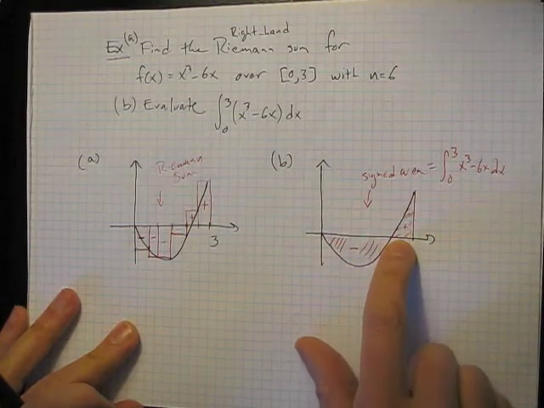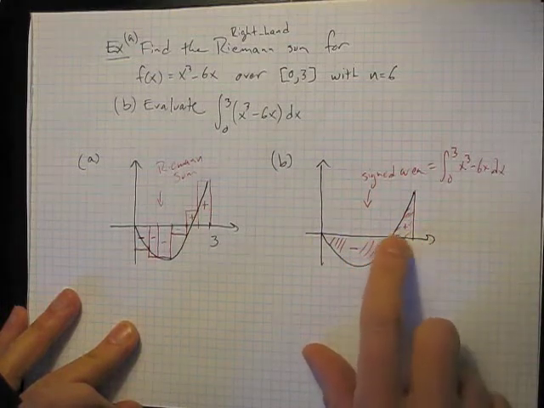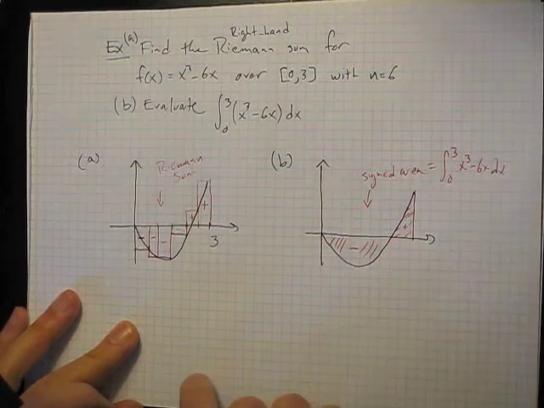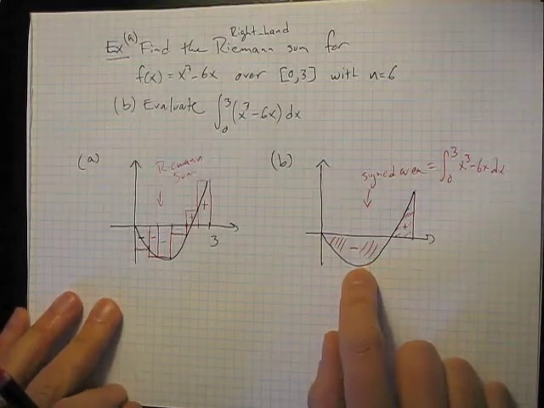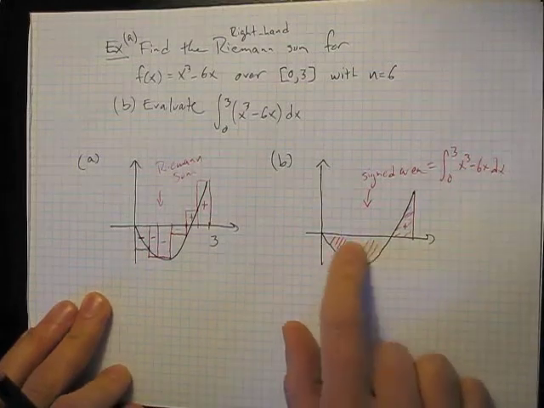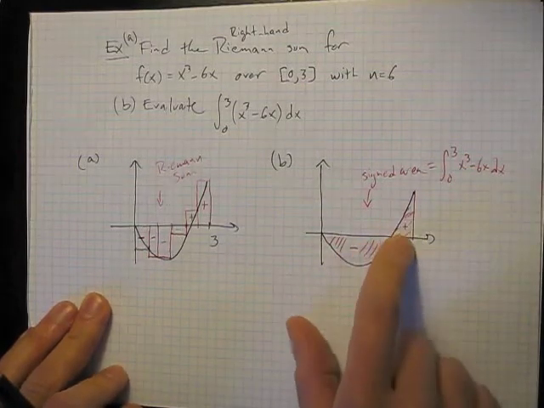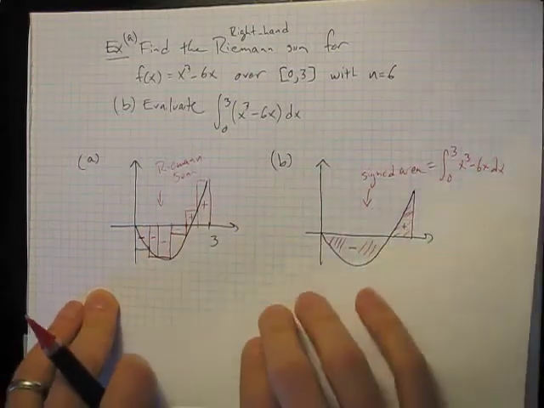So it'll be this exact area, and then it will be this exact area, and we will subtract this area from that area. Just looking at the picture, we expect that the answer will probably be negative to this question, because it looks like there's more area under here than there is here. This is just what's going on. This is the idea, so that you understand what's going on.